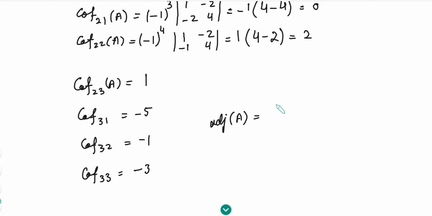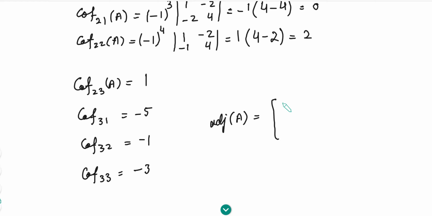But when we write the adjoint, it will be in the transpose form, meaning the row will turn into column and column will turn into row. So rows and columns will actually interchange.